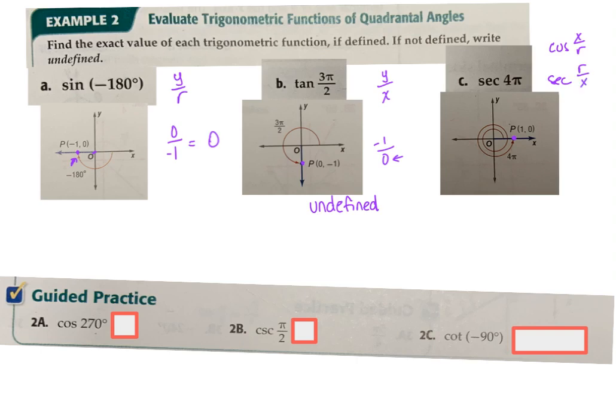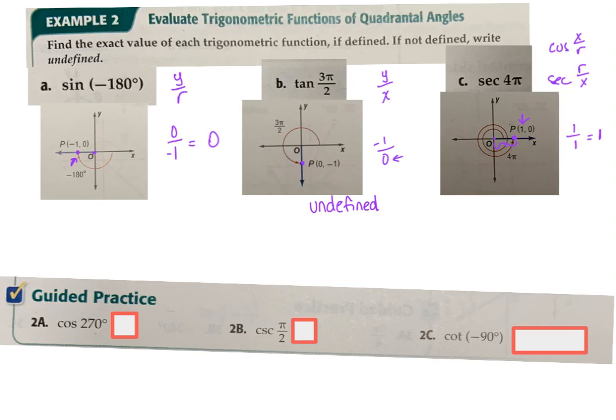What's my radius here? Distance from 0. What's this distance? That's my x value, right? My x value is 1. All right. And my radius is 1, right? Oh, okay. So my secant here is 1. I was looking at the 4 pi down there.